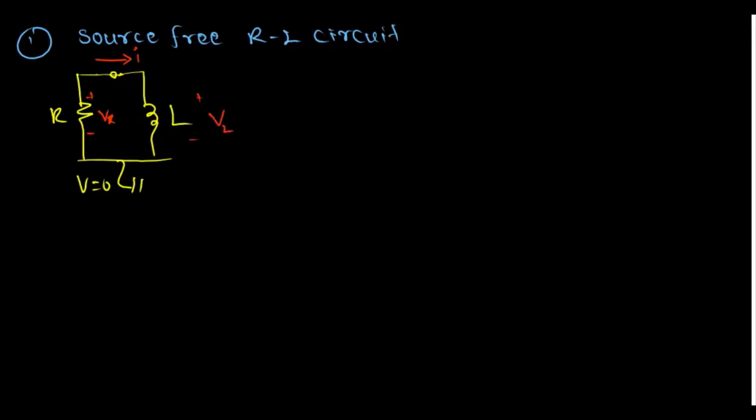Now apply KVL to the circuit. What does KVL say? VR plus VL is equal to 0.